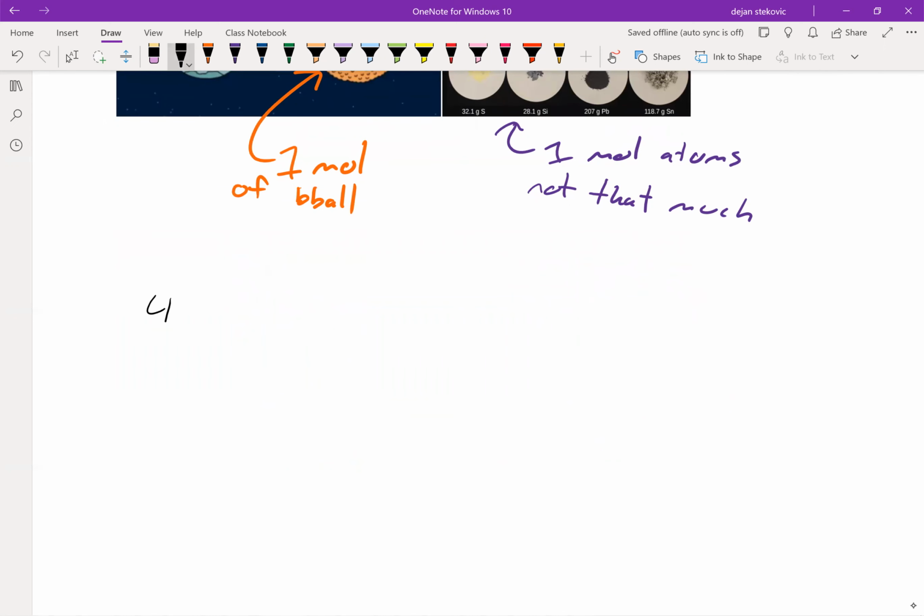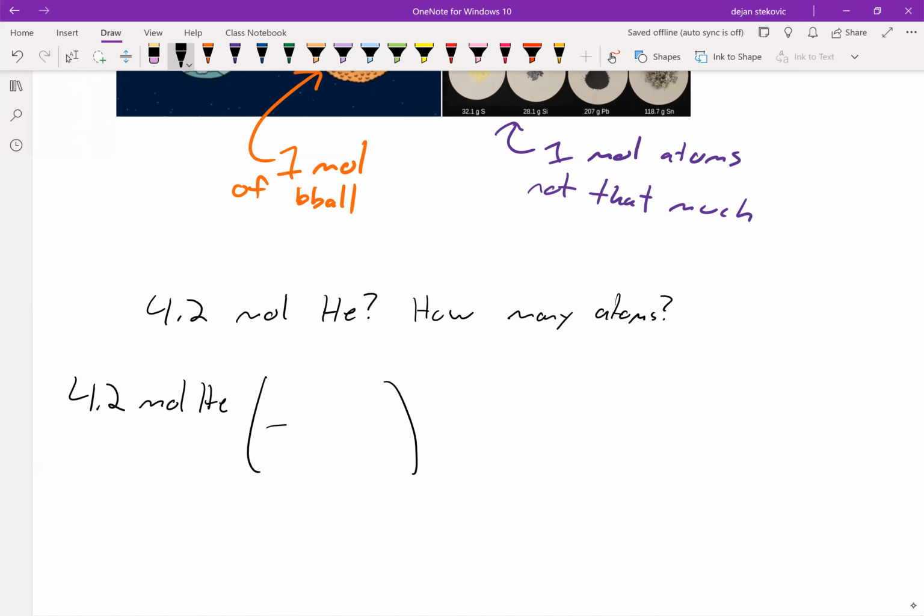What if we had 4.2 moles of helium atoms? How many molecules or how many atoms, right? And so again, we would just do 4.2 moles of our helium, use our conversion factor. 1 mole is equal to 6.022 times 10 to the 23rd.